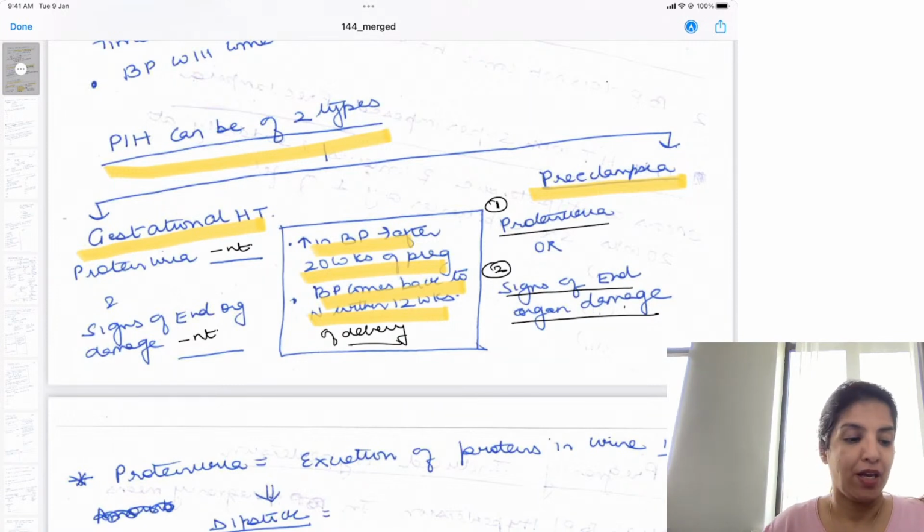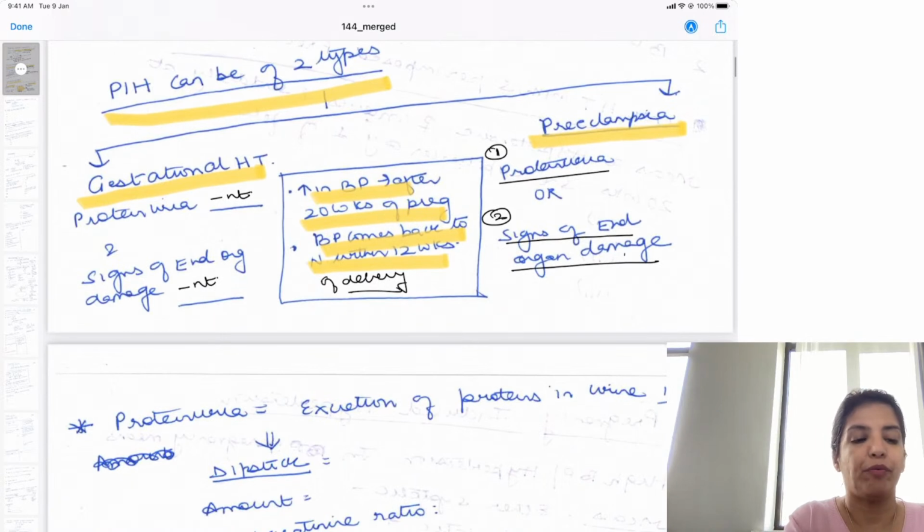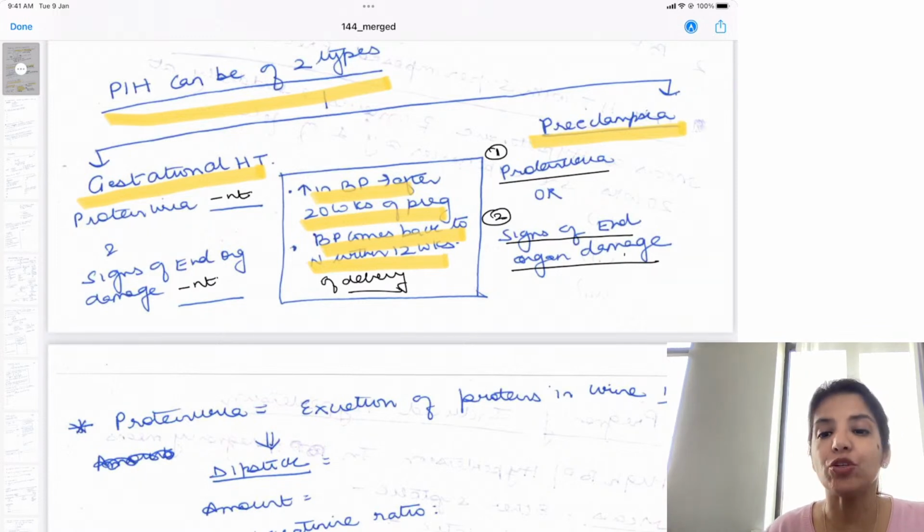Okay. Now, in case of preeclampsia, either you are going to get proteinuria or you are going to get signs of end organ damage. Earlier it was said that if there is preeclampsia, proteinuria should be present, right?